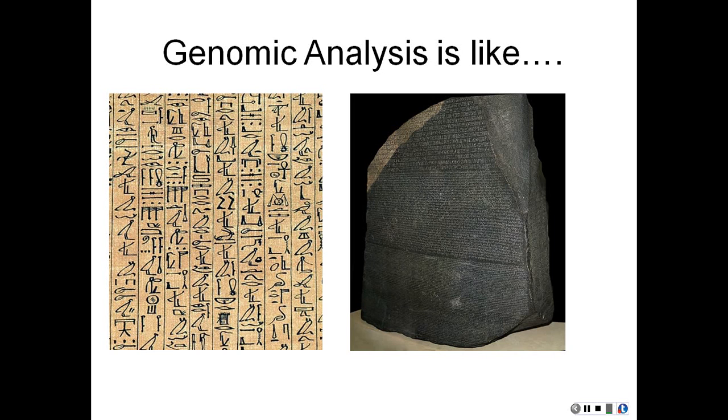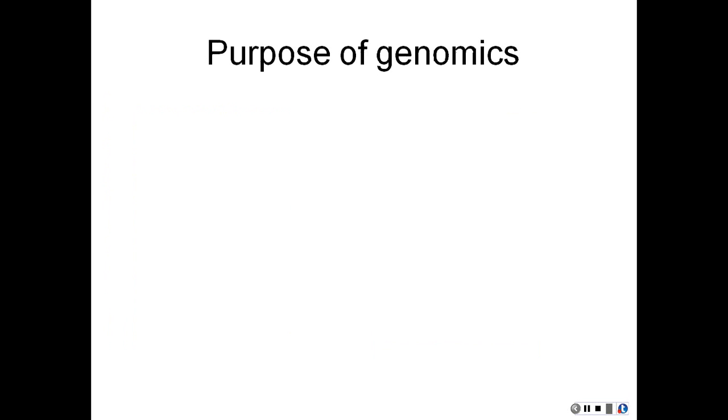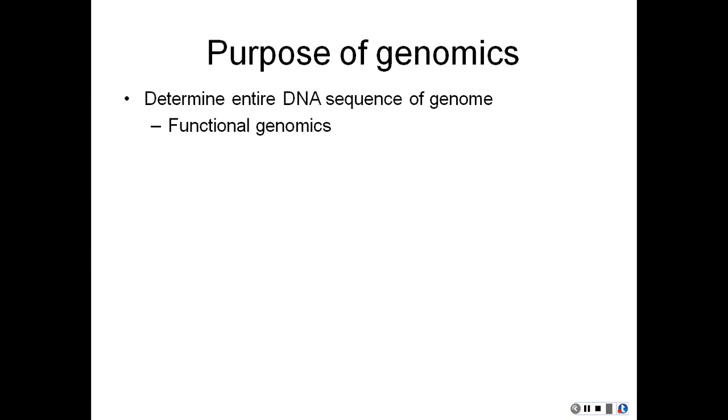If we look at the different things people do with genomic analysis, the purpose ultimately is to determine the DNA sequence of the entire genome, right? But why would we want to do that? Well, we may be exploring functional genomics, where we want to figure out how many genes are in there. Can we find the genes located in that genome?